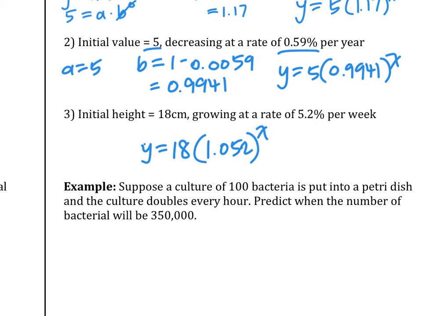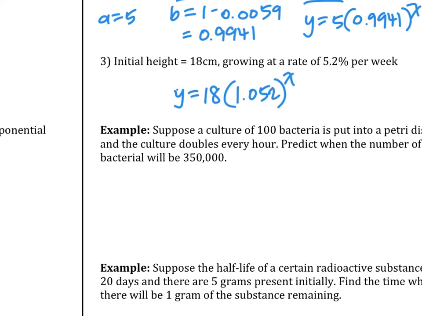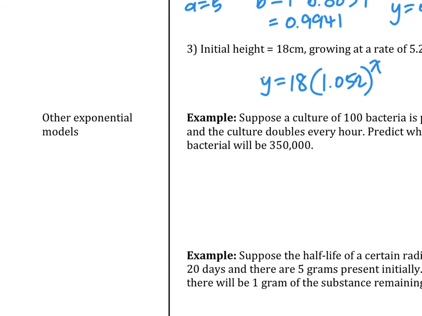All right, please check your answer. Now let's look at other exponential models. Most things are going to go with the form of a times b to the x, most things. But there are times where you're going to see questions where it says it doubles every 2 days, or it doubles every minute, or it doubles every 10 seconds.